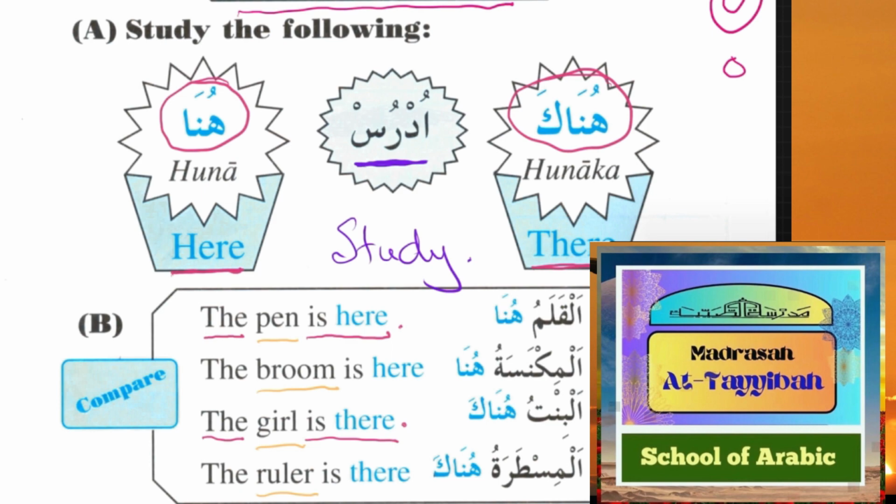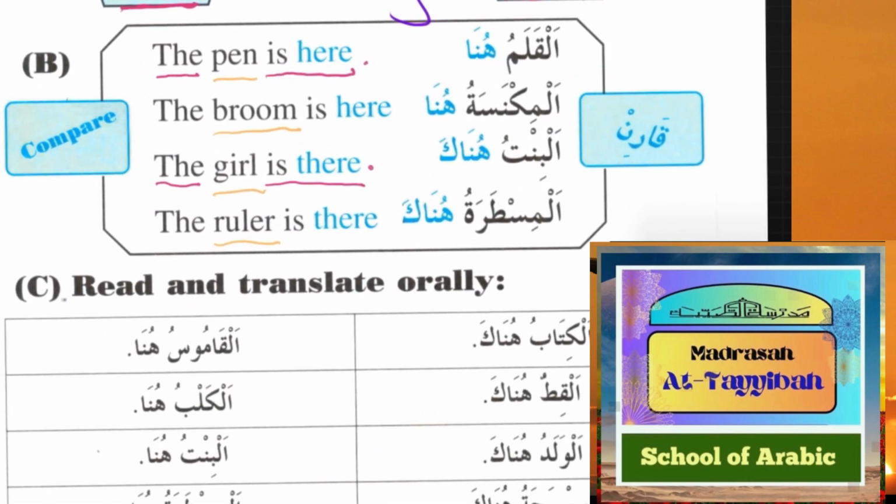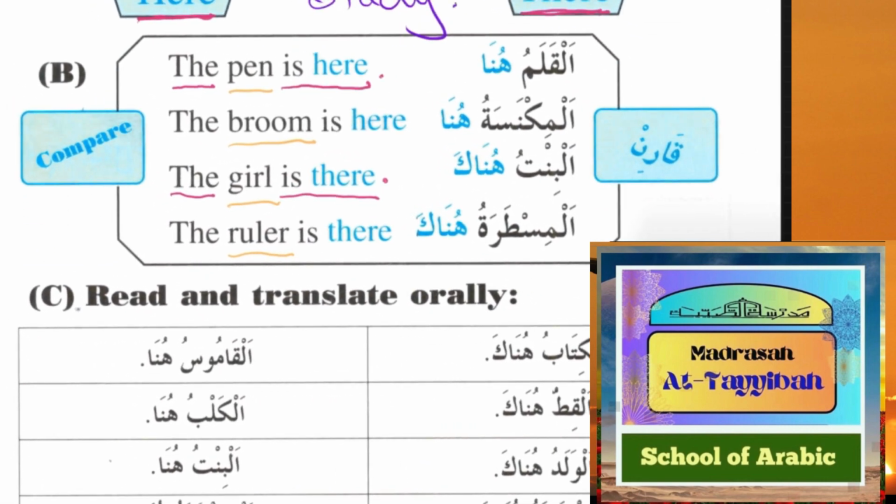So let's start from the first sentence. And of course, here we have qarin, which means compare once again, as we said before. So let's start. لنبدأ بالجملة الأولى. The first sentence, واحد. القلم هنا. القلم هنا means the pen is here.